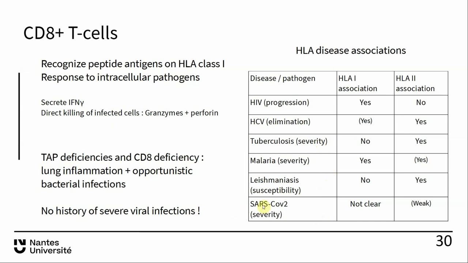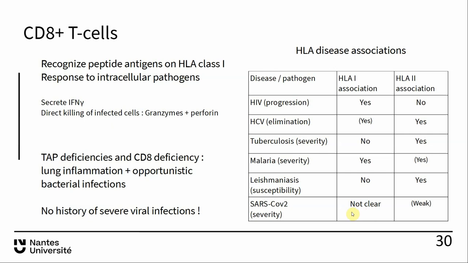Now, one of the interesting things about this is that, of course, with COVID-19, there have been some studies on the impact of HLA class polymorphisms on the severity of COVID-19. So for HLA class 2, the data is pretty weak, and for HLA class 1, generally not clear, but there are some interesting things that have been published recently.